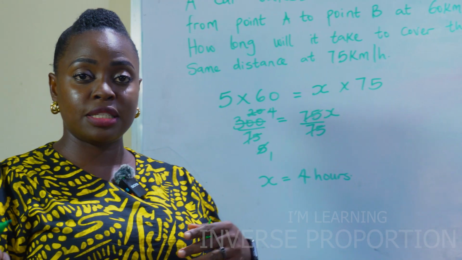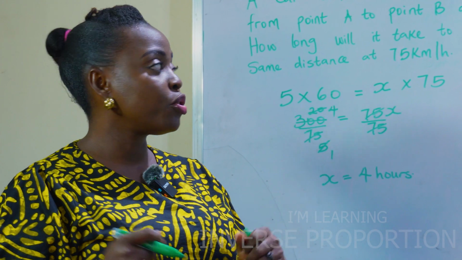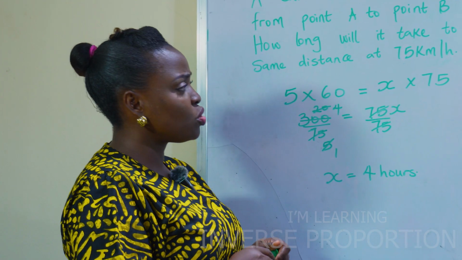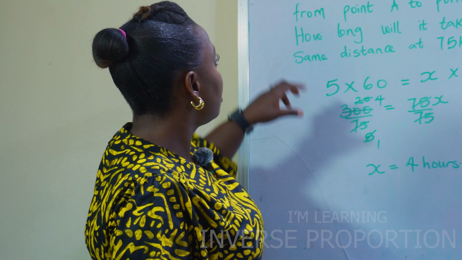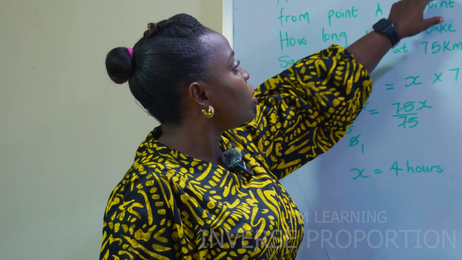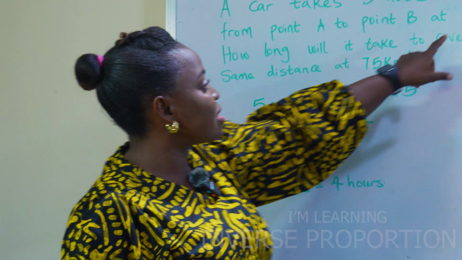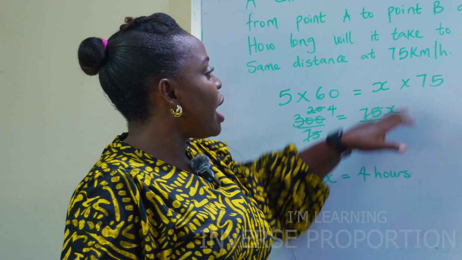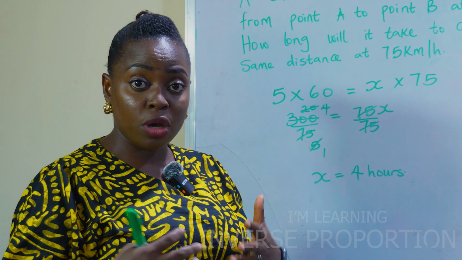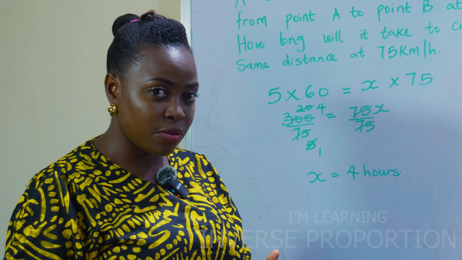If more, less divides. If less, more divides. Now let's look at this question to determine if the value we're looking for is more or less. Now a car, it would take it 5 hours to travel at 60 kilometers per hour. Now it is traveling at 75 kilometers per hour, meaning that it's going faster, right?